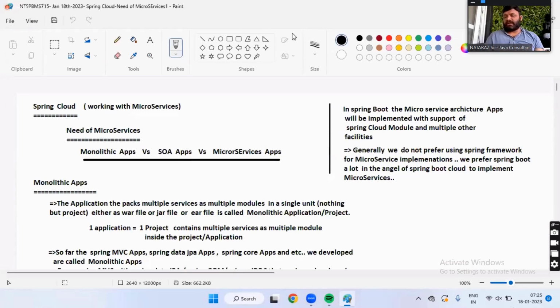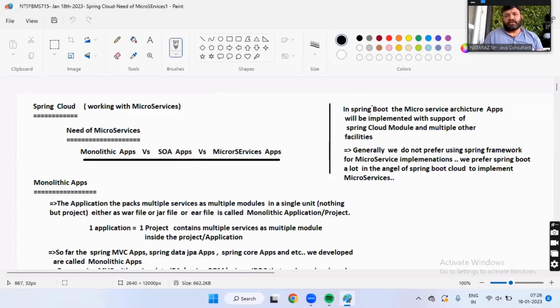Monolithic application: all services and all modules of the application will be packed into a single unit.